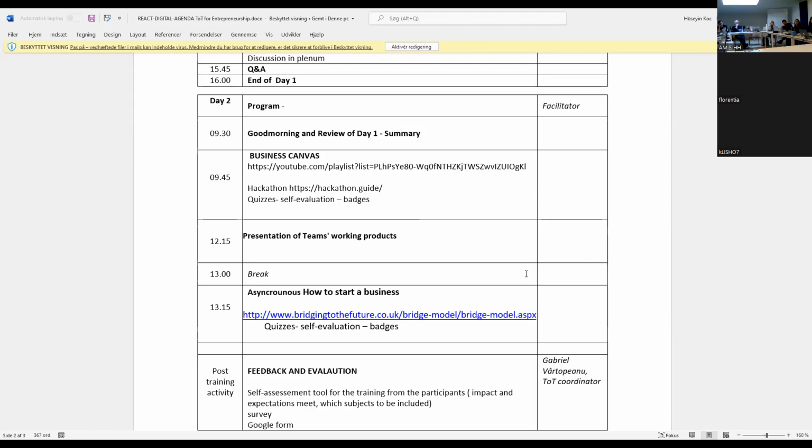The subject will be business canvas, also a short introduction, what it is, why it is used, to say what the difference is between a personal canvas and a business one, because many of the people in the target group maybe will never start an SME or a company, but it is good for them to know how to make a personal canvas.